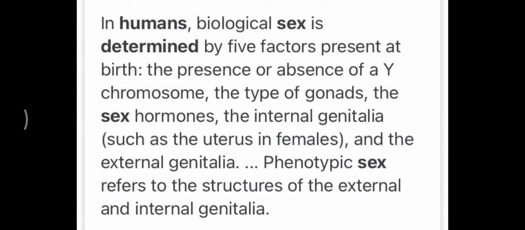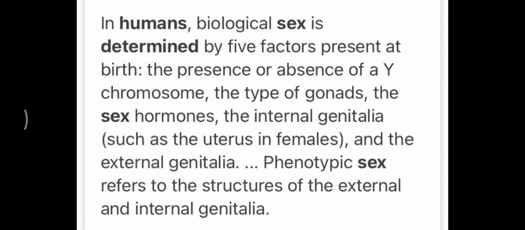Now, there are five factors by which the sex of the newborn can be decided: whether the Y chromosome is present or absent, the type of gonads, the nature of the sex hormone released, the internal genital organs like the uterus in females and the penis in males, and the external genitalia. These are the basic points which help in sex determination.